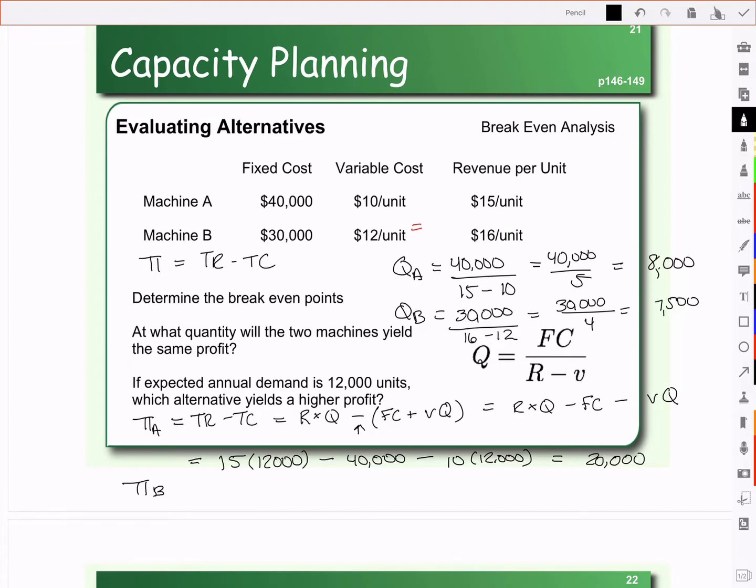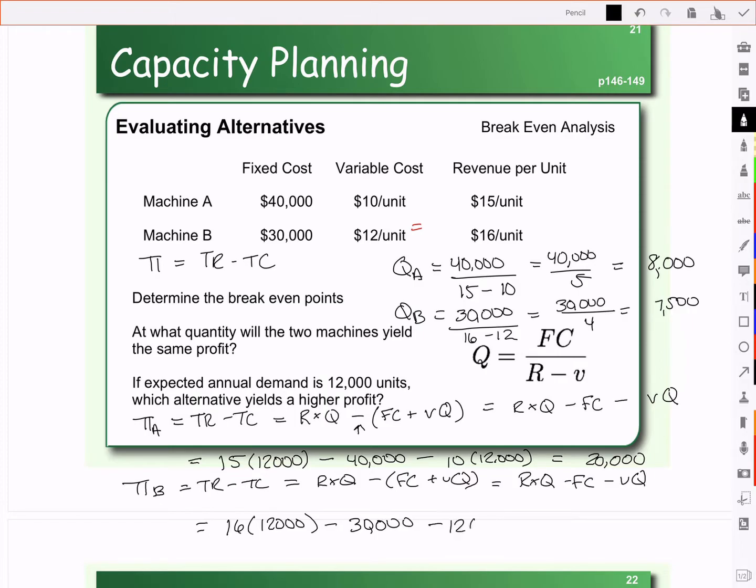Well, it's the same formula, total revenue minus total cost, so R times Q minus fixed cost plus variable times Q. Remember again to take that negative and put it in front of both, so we'll do R times Q minus the fixed cost minus the variable times quantity, which for this example is revenue of 16, quantity of 12,000, minus the fixed cost of 30,000, minus our variable cost of 12 times the 12,000 units.